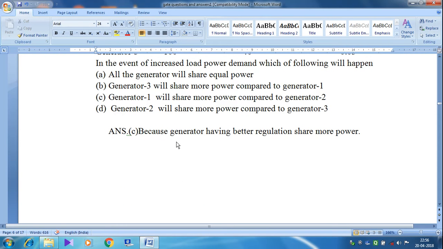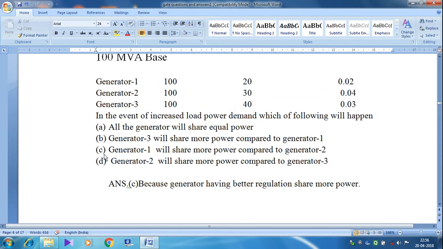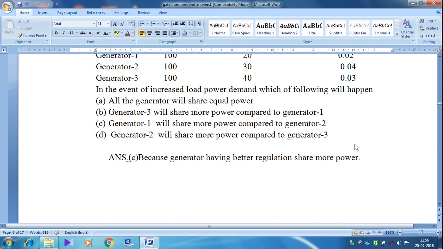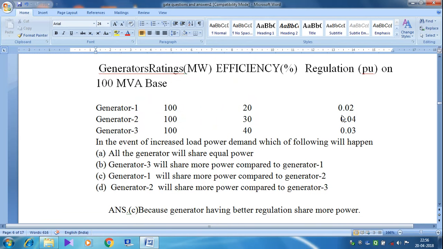Therefore, answer is C. The generator 1 will share more power compared to generator 2, and the answer is C because generator having better regulation share more power. Better regulation means उसका regulation कम होना चाहिए.